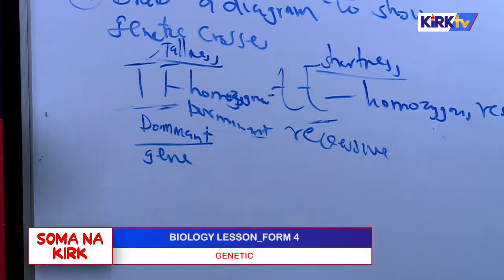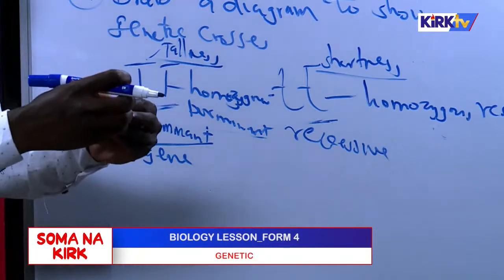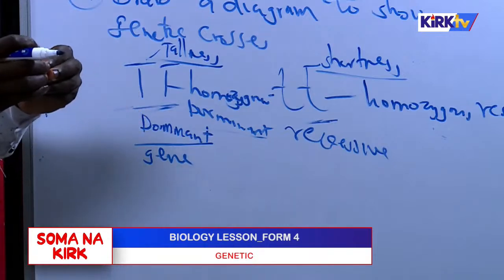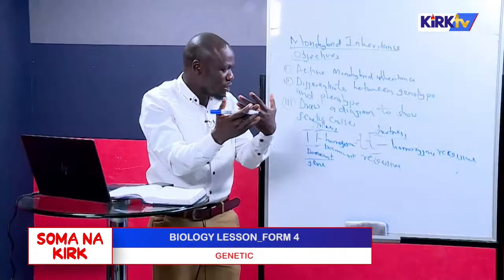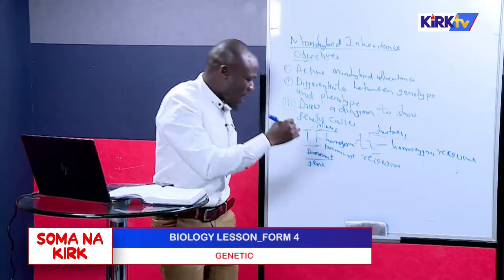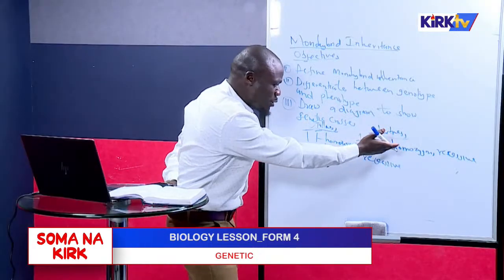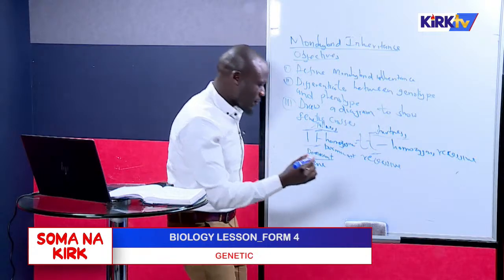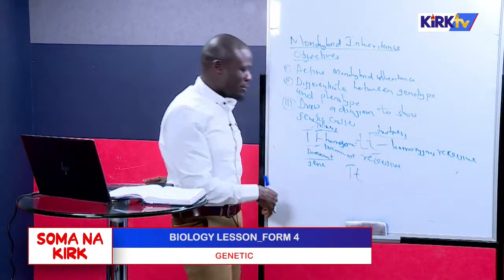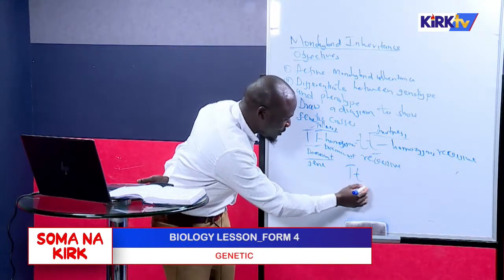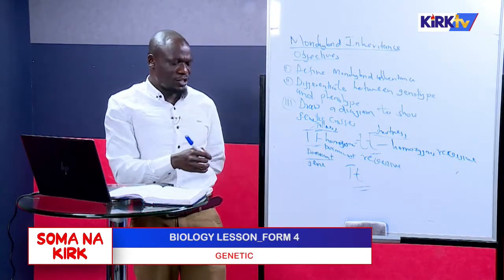But sometimes you might find that the two genes can be mixed. During the passing of genetic materials, the two genes can get together, whereby instead of having pure dominant and pure recessive, we have a dominant gene and a recessive gene. Now, how do we call this category of gene?